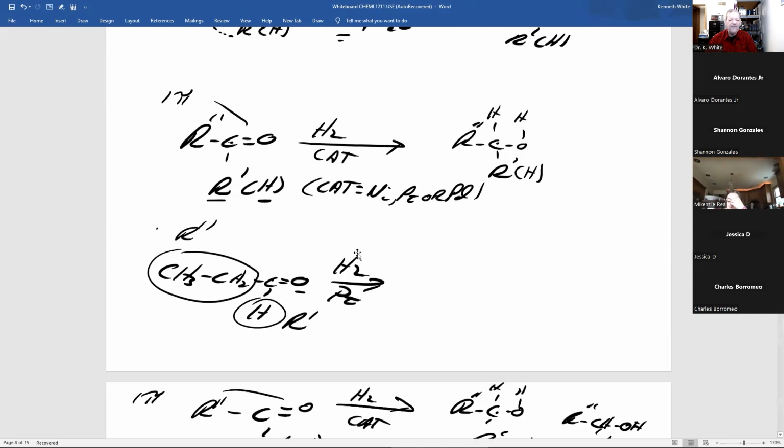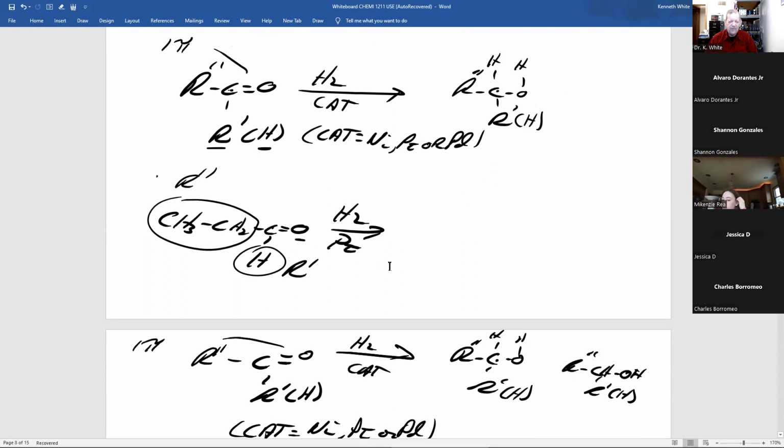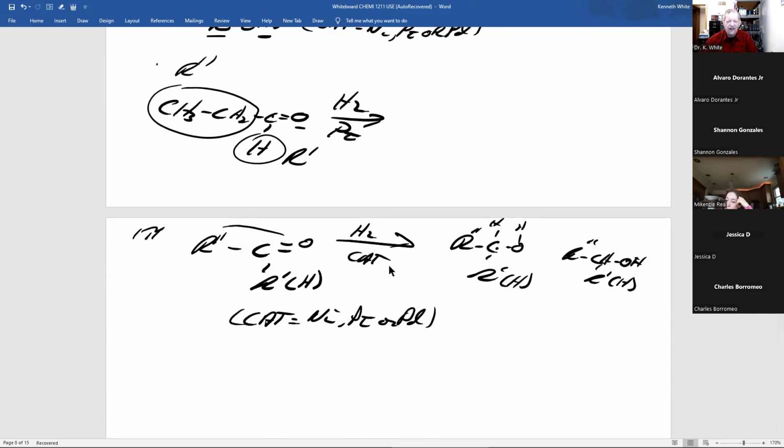So we look at this, what's attached to this carbon, which becomes this carbon, our prime hydrogen, our double prime, you get an alcohol. And I could have also written it this way. Remember, do you break carbon-carbon single bonds? No.